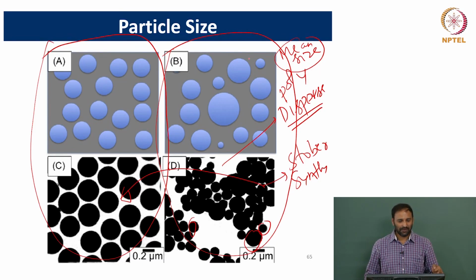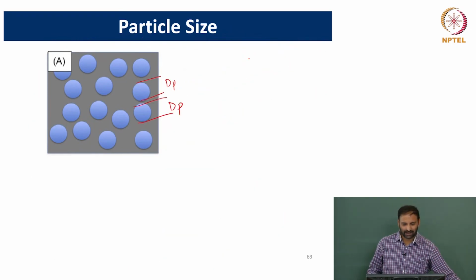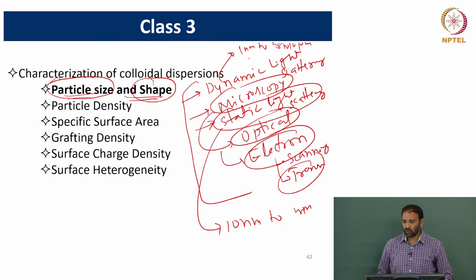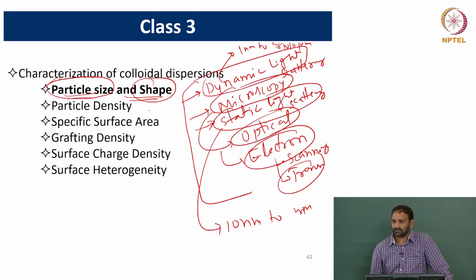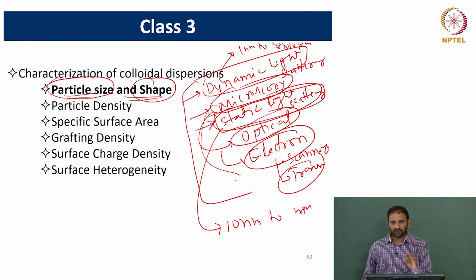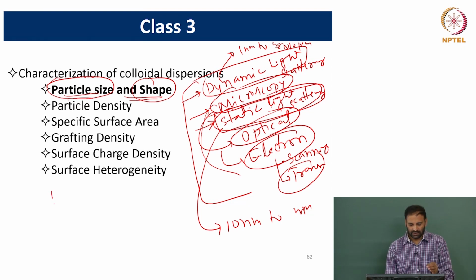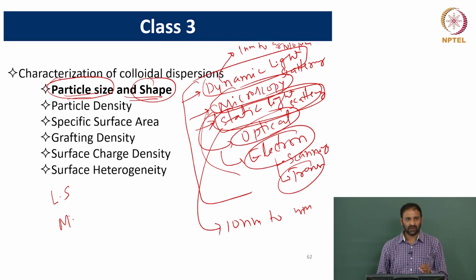I just want to go back to these techniques, right? I said that people do dynamic light scattering and static light scattering and these microscopy techniques. One very important difference between the light scattering techniques and microscopy techniques is that when you do your size analysis in microscopy, you are focusing on a very small region of your sample.